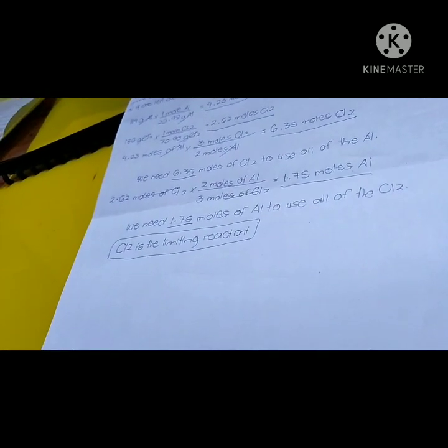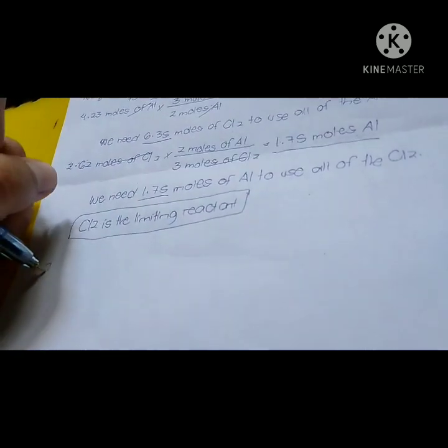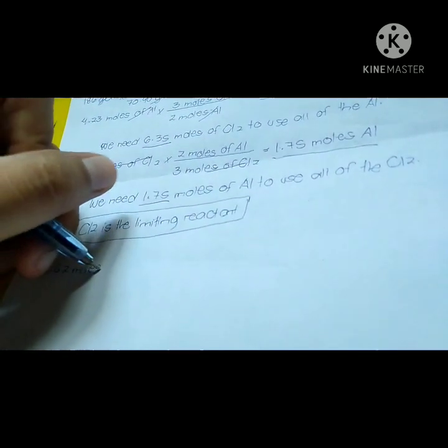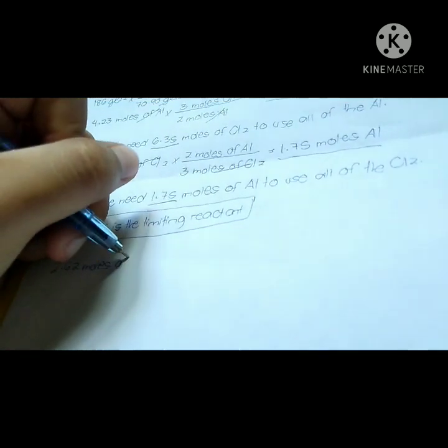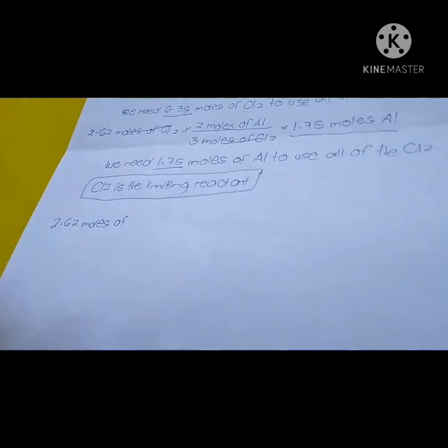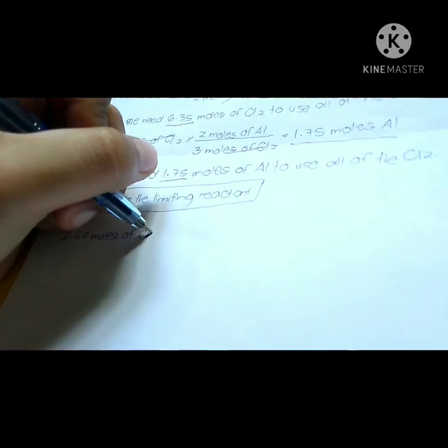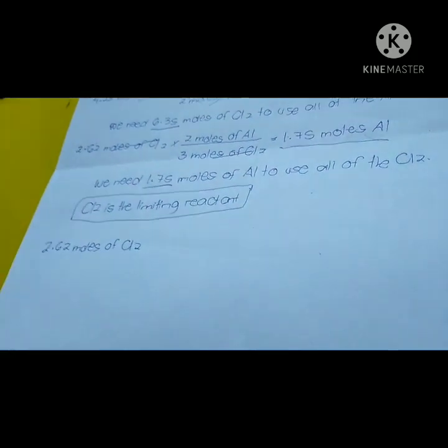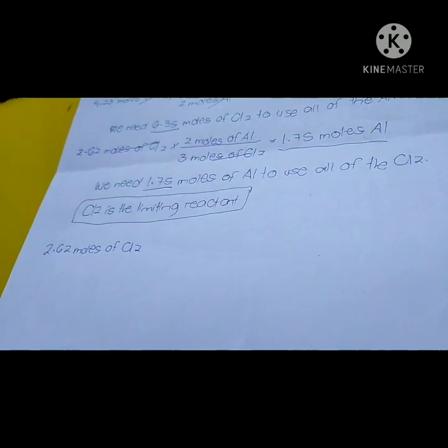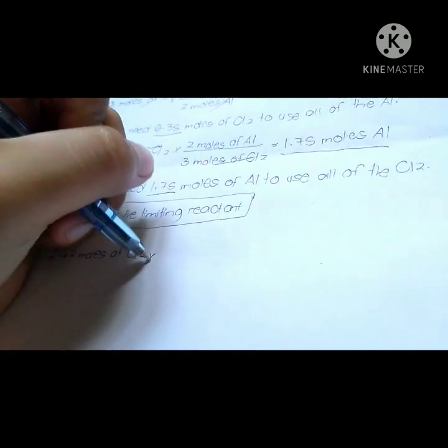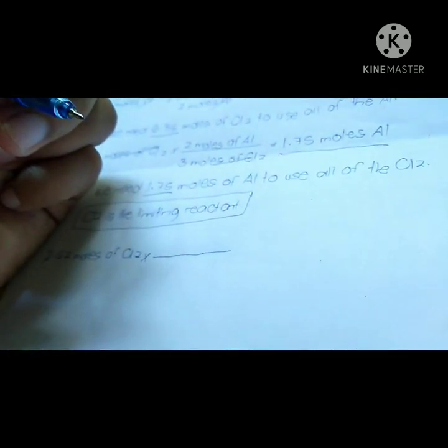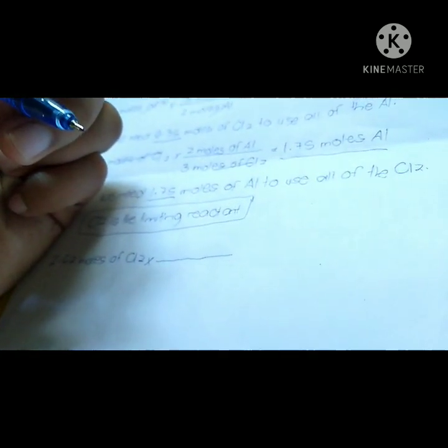So starting with all the chlorine that we have, 2.62 moles of chlorine. We're going to multiply by this conversion factor that shows the relationship between moles of chlorine and moles of AlCl3, aluminum chloride.